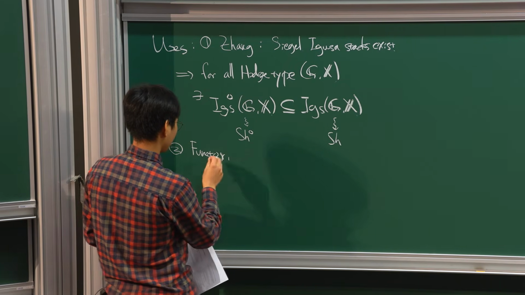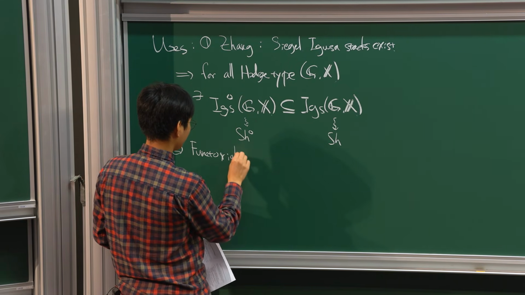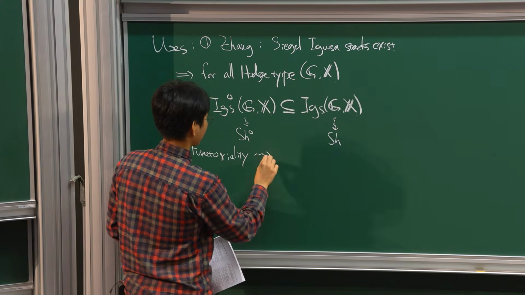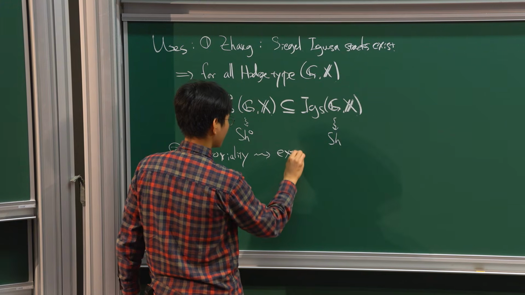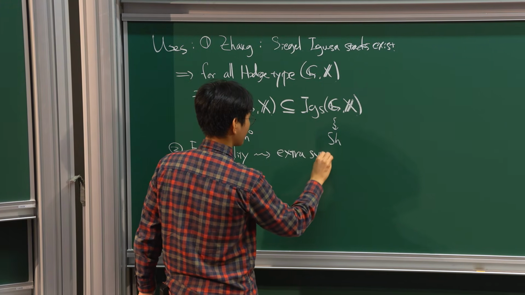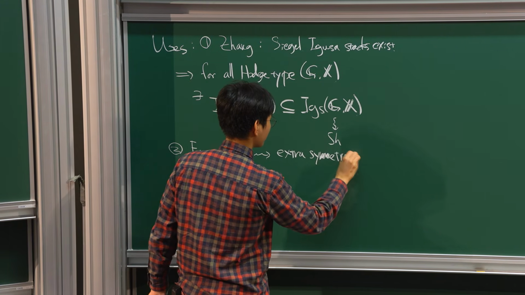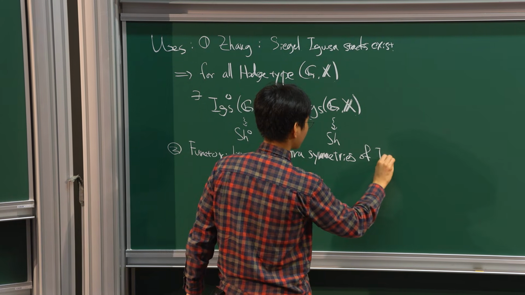Right. So the second thing I want to mention is that functoriality gives us extra symmetries of the Igusa stack.